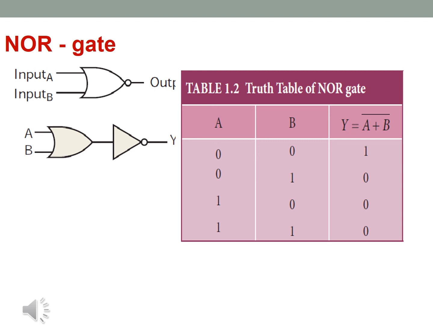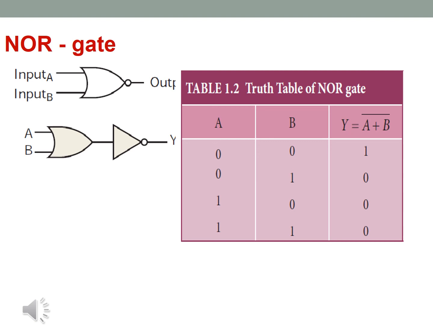The XNOR gate has only 2 inputs. The output of the gate is high only when the inputs of the gate are at the same logic level.